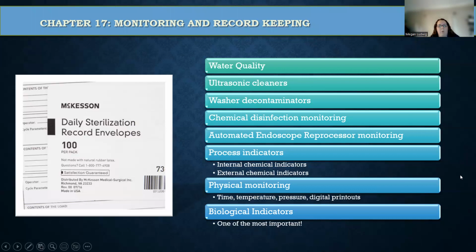So they are what they say, right? Internal means inside, external means outside. You're going to have these monitors on packages or instrument trays that will indicate whether or not that particular item went through the sterilization process and met the conditions for sterilization.